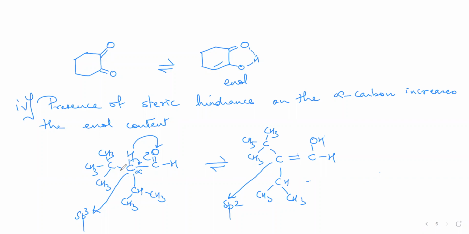The bond angle between these groups here was 109 degrees 28 minutes because of the tetrahedral nature of the carbon. And now the bond angle between these bulky groups has become 120. So the angle has increased, and they have become further away from each other. So their repulsive forces become smaller. In other words, here the enol will be more stable than the keto form. So that would increase the enol content.